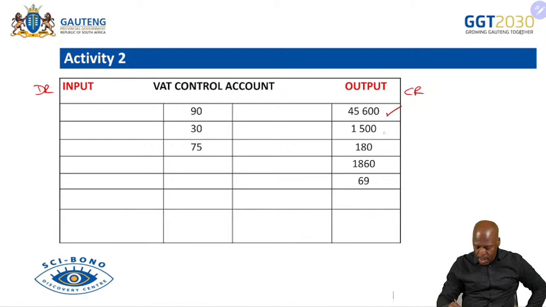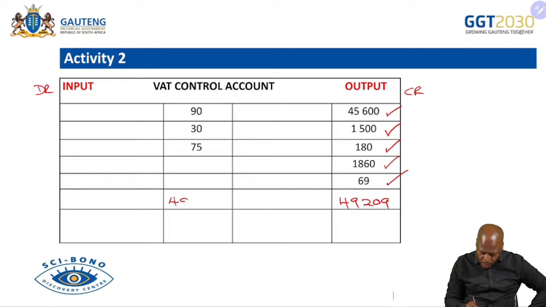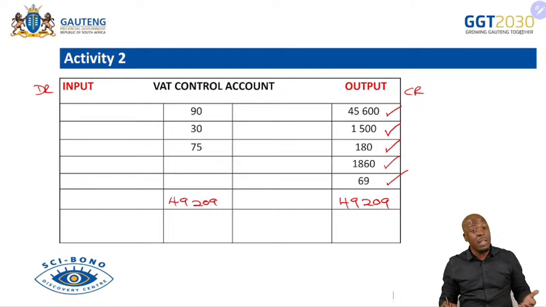And then you add 1,500. Please add 180. Okay. Punch that in. Add 1,860 and add 69 as well. And then the total therefore becomes 49,209.